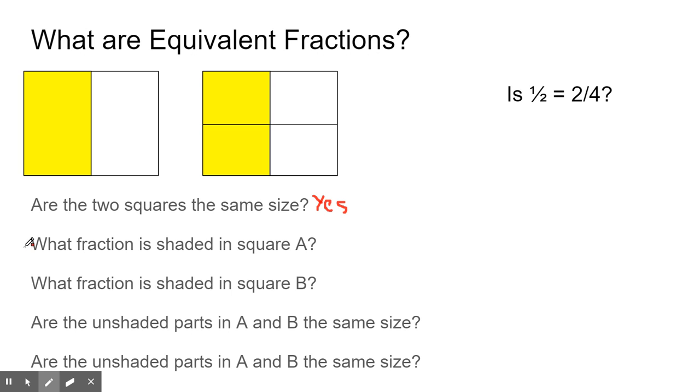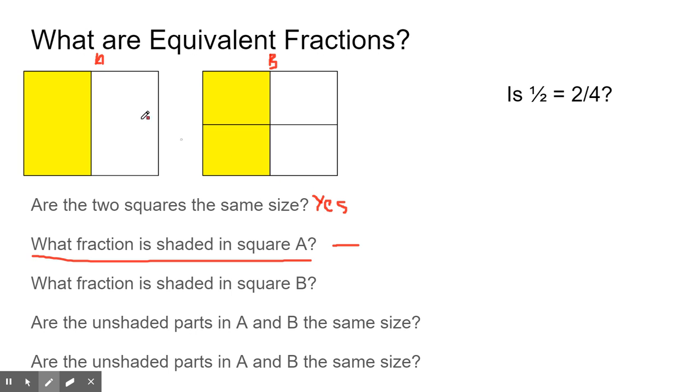Question 2 is asking us, what fraction is shaded in square A? This is square A up here, and this will be square B. So what fraction is shaded in square A? Well, we know that a fraction consists of a numerator and a denominator. We can start by filling out our denominator.